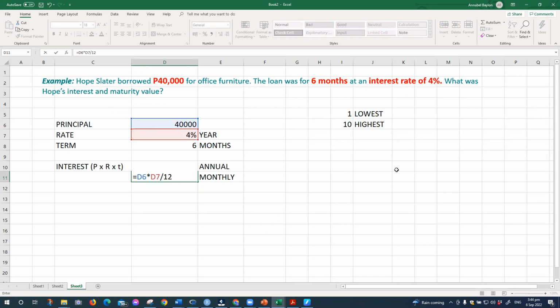That will give us the monthly rate, and then we multiply it by 6. If you check this, you can see this is the monthly interest, the interest per month. That 4% is per year.